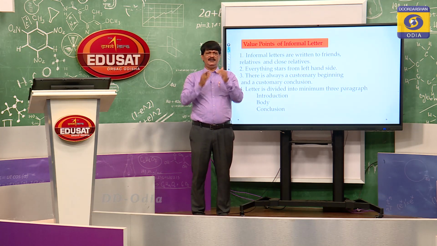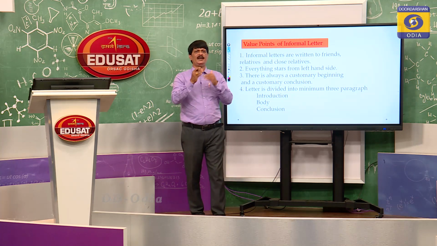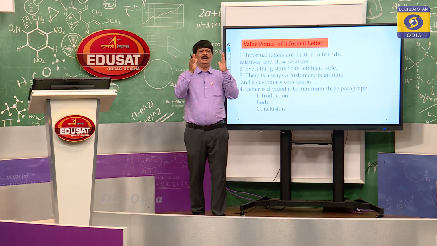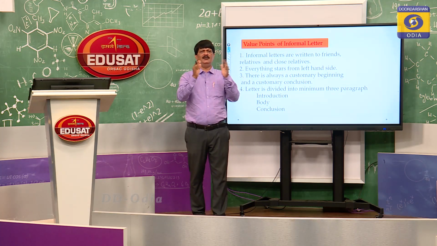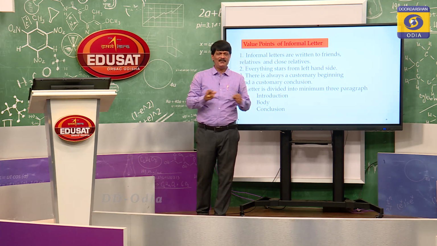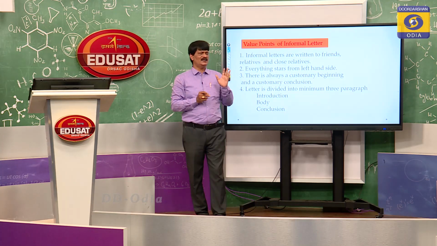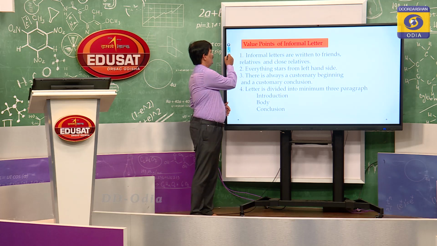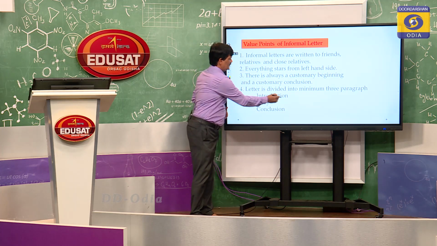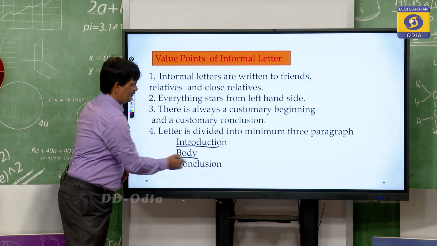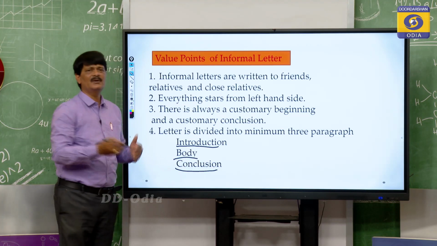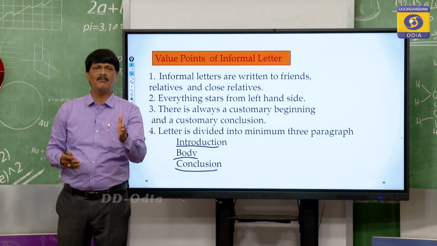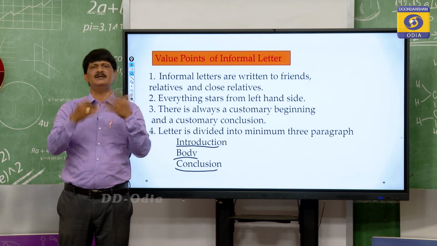I will discuss the format of the letter. Whether it is a postcard, an inland letter or plain paper, you see the left-hand side margin, and mostly three things will be there: the introduction, the body and the conclusion. Keep these three things in mind, then your letter is completed. Follow a certain format and you can easily do it.